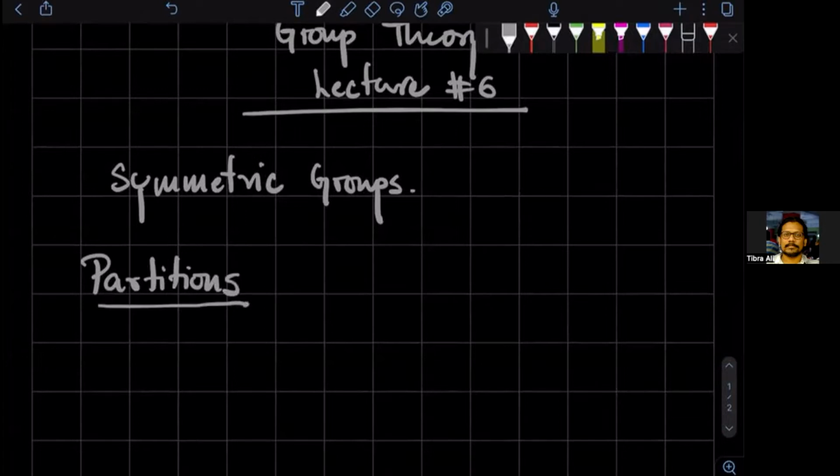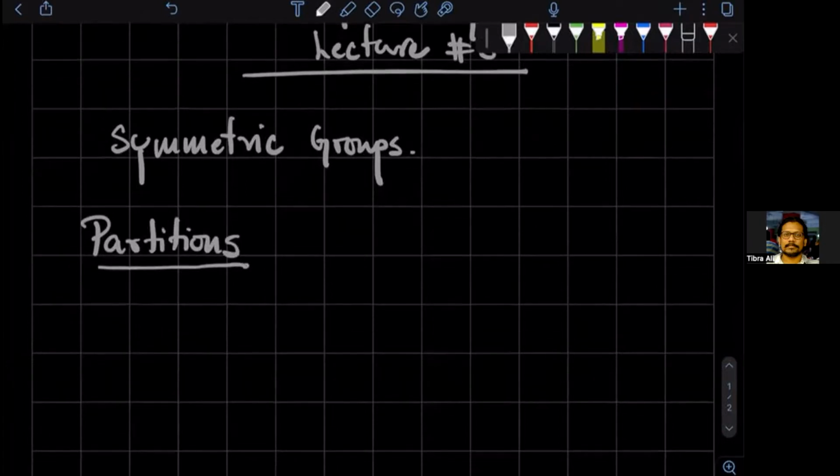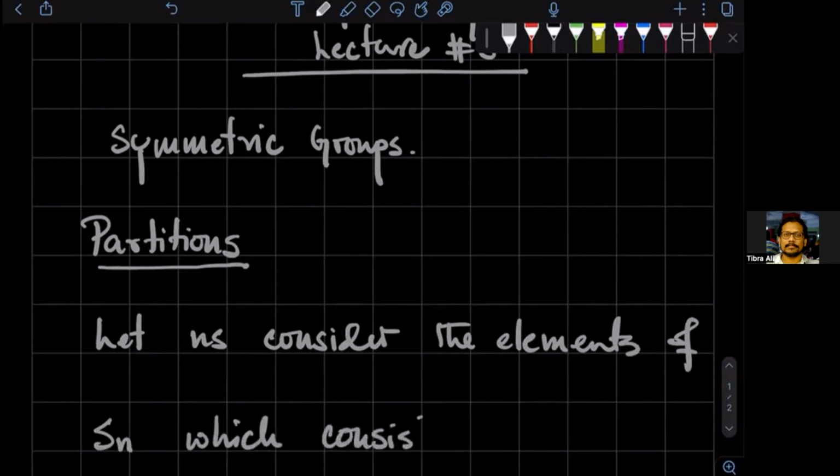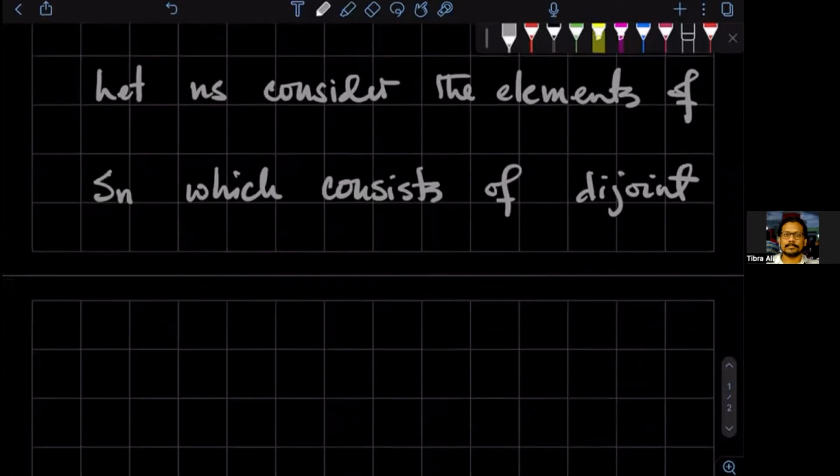So what are partitions? Let us consider the elements of, say, Sn, which consist of disjoint cycles.